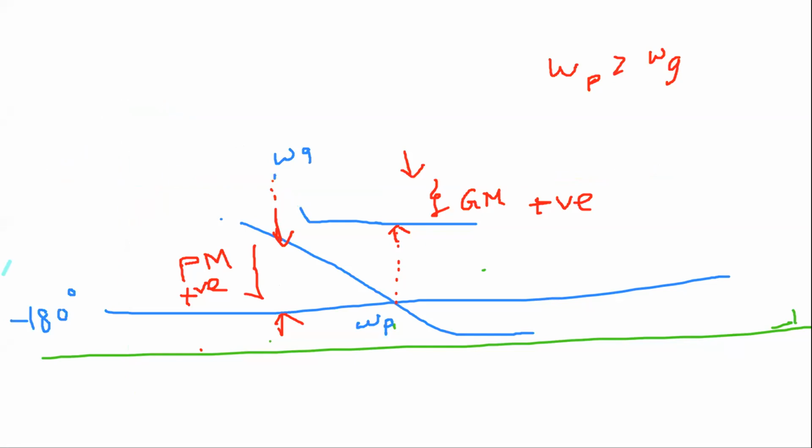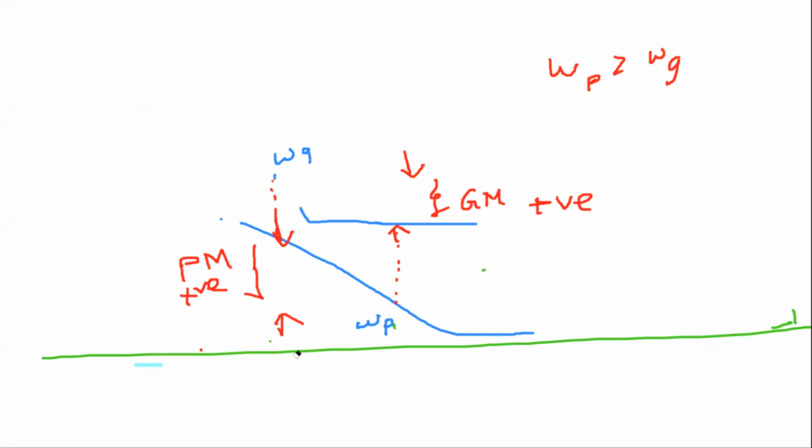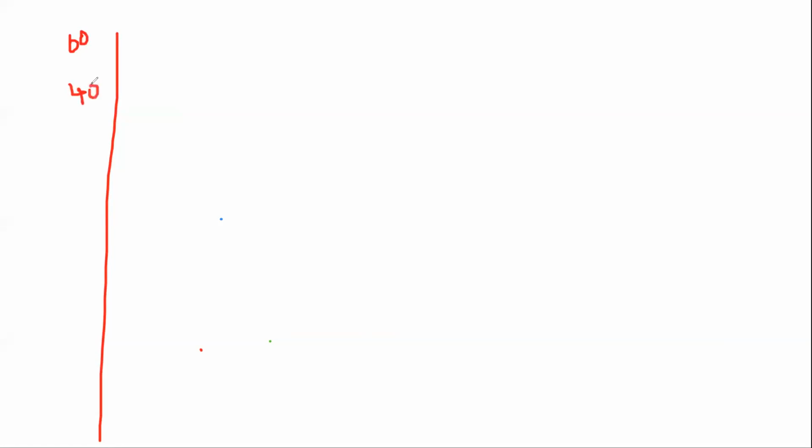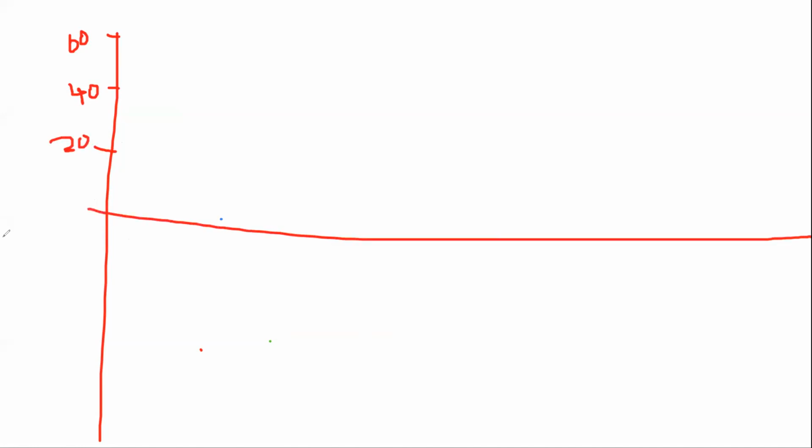So let me reiterate how to draw the magnitude plot for the 50 by S into 1 plus 0.5 S into 1 plus 0.05 S problem. First draw the magnitude plot using the magnitude table. To do so, first on the graph sheet, mark 60 dB, 40 dB, and 20 dB, because the maximum is only 54, not more than that. Then whatever line is there, make it 0 dB.